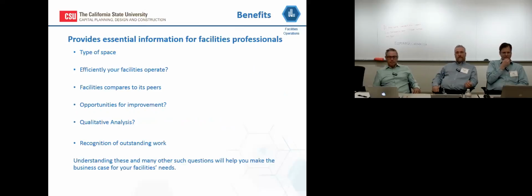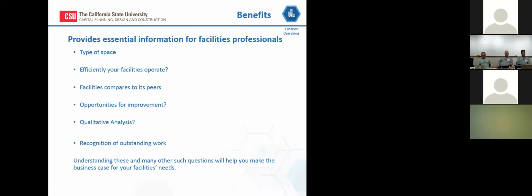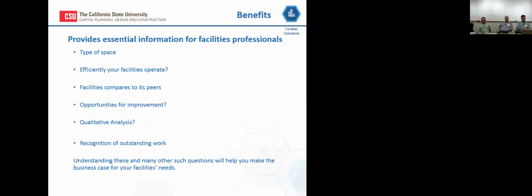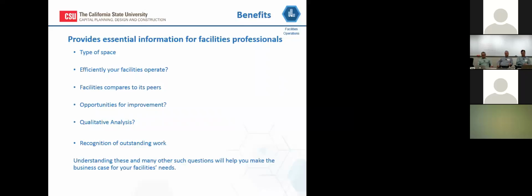Okay, so we're talking about some of the benefits of going through the survey, providing essential information to you as a director or as an organization. Talk about the type of space, understanding the type of space that you're managing and how that's being serviced by different components and people on your campus.